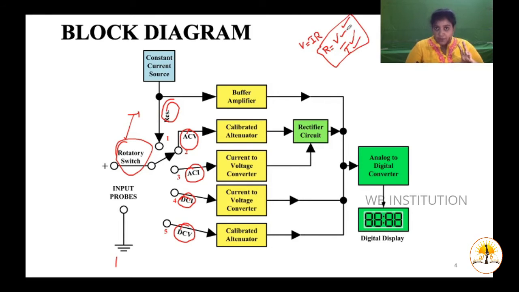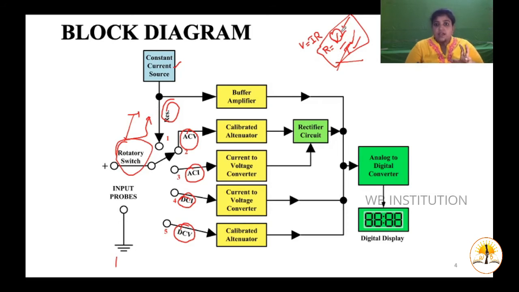For that purpose, a constant current source gives a known current value to your resistance point. This is your constant current source, so the current value is known, and the balance is nothing but your voltage, which you will get from your input power supply.